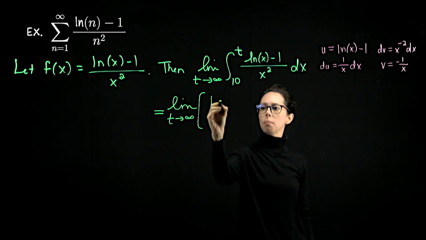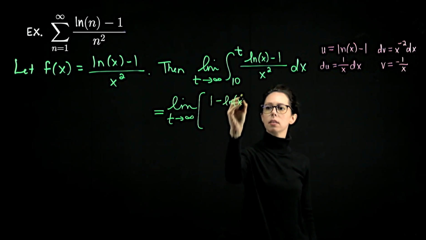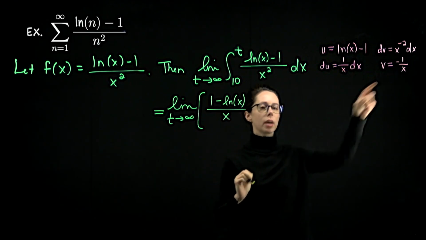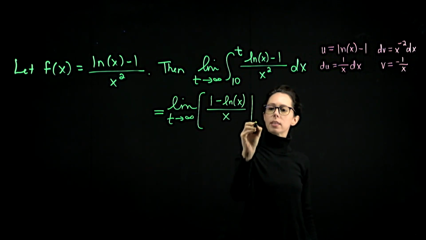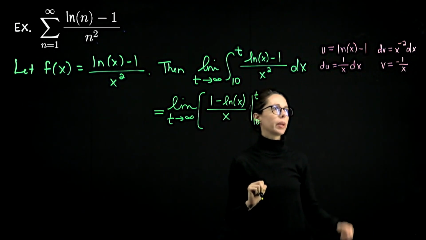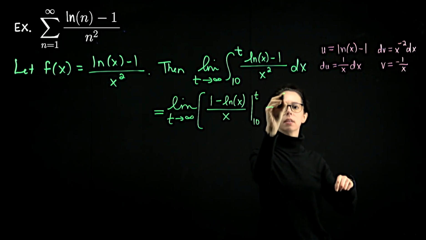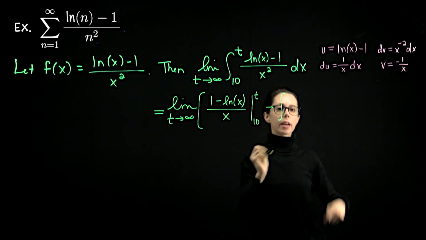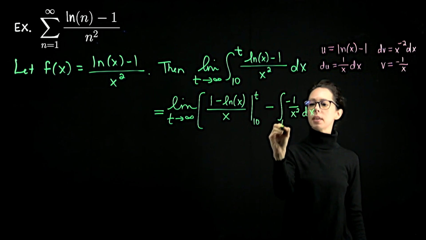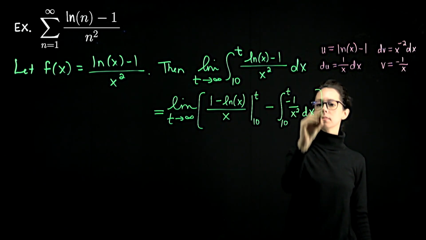So I'll write 1 minus natural log of x all over x. Okay, so that's what you get when you multiply u times v. We need to evaluate this from 10 to t. And then we have minus negative 1 over x squared dx, and that's from 10 to t.